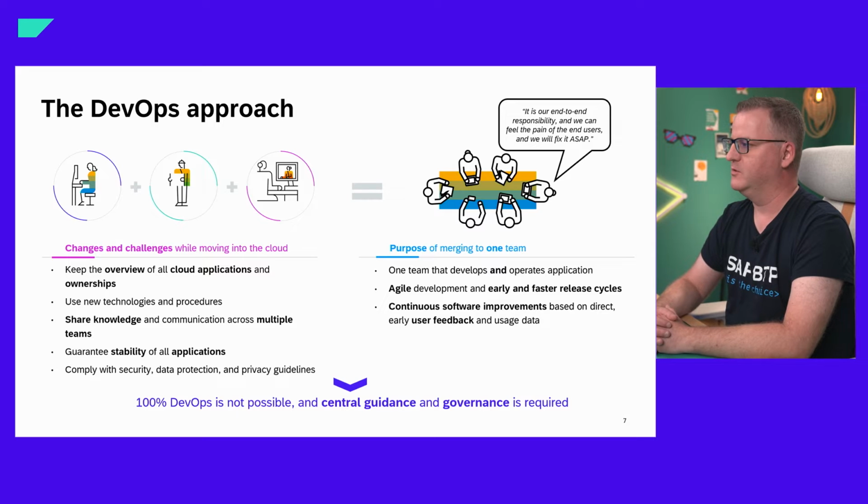And last but not least, of course, you need to comply with certain regulations, security requirements, data protection, and privacy guidelines. So that's why 100% DevOps, completely isolated independent teams, is not possible and not desired because some central guidance and governance is really needed.